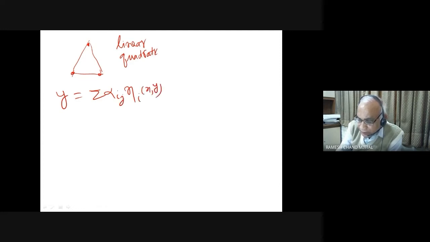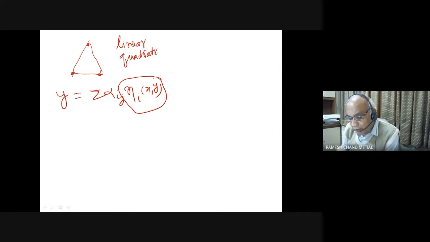Now, what we say is that I write my solution as the sum of alpha_i times eta_i(x,y), where eta_i(x,y) is the shape function. Now, this shape function is such that at its own node it is one.